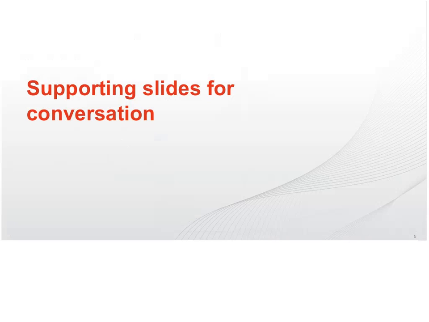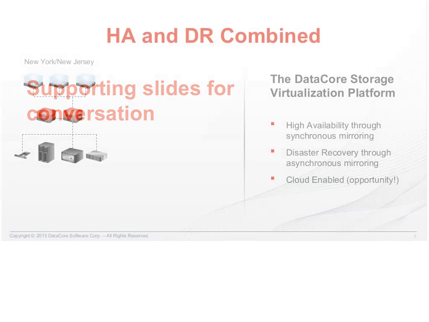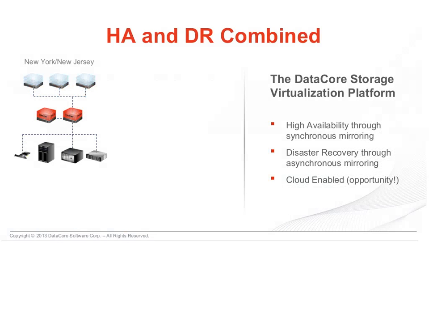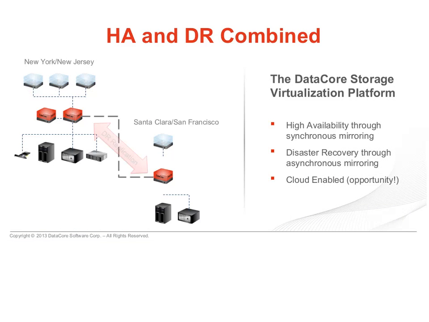All right, so what I'm trying to show is how disaster recovery works in conjunction with the high availability. So now you could consider another site, maybe across the country, that acts as the destination for the data.